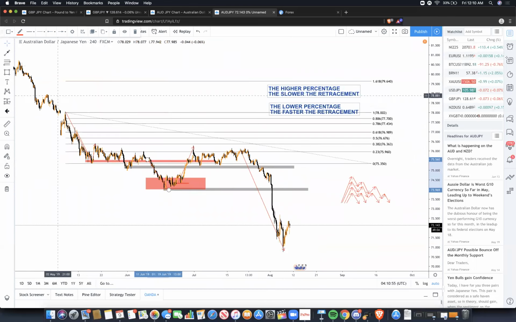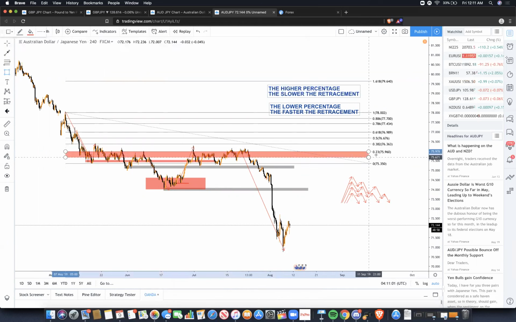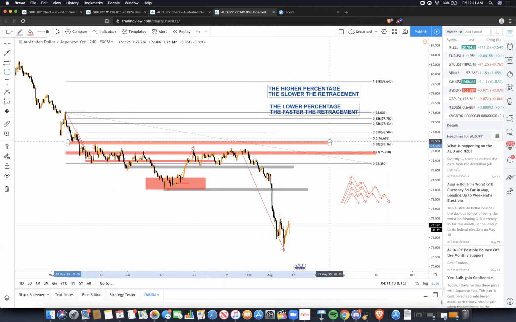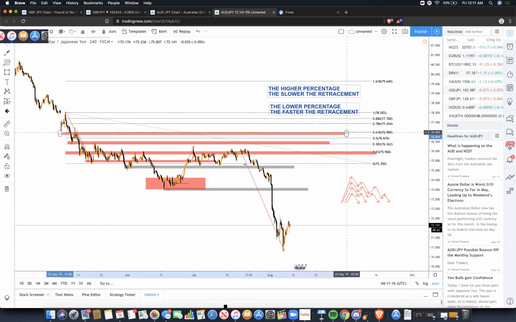If I was looking at my Fibonacci levels, and let's say I drew out my zones based off of my Fib levels, I have a few zones here, and below that, there's more.